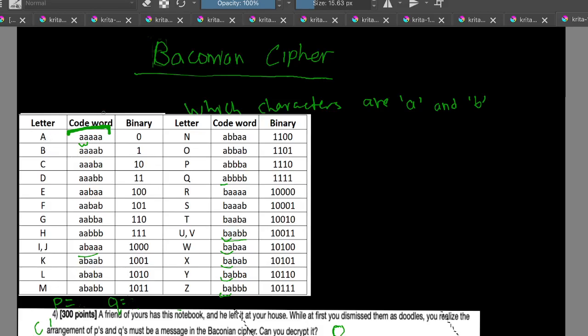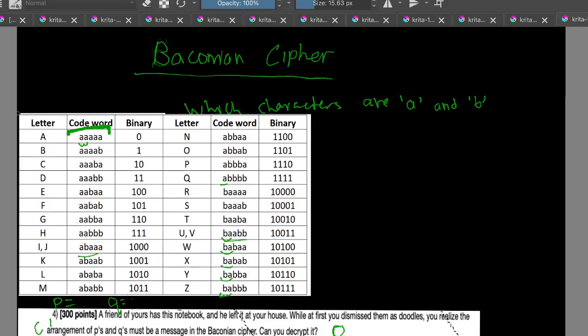So the letter A, its binary encoding would be 0, 0, 0, 0, 0. And the point of the cipher is to figure out which characters are A's and which are B's in the ciphertext. So based off of the ciphertext, you find the plaintext.